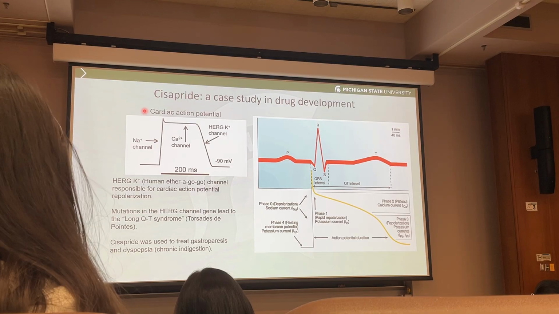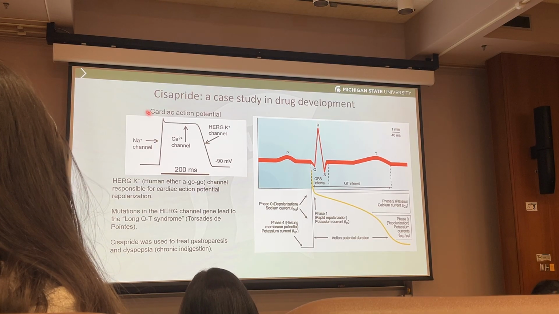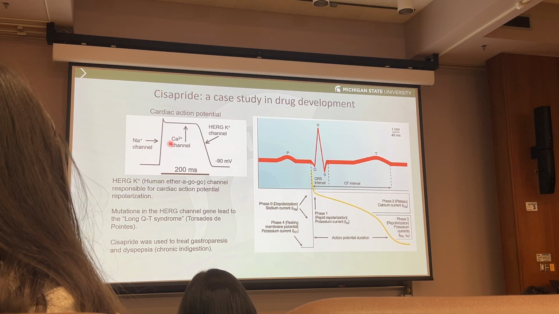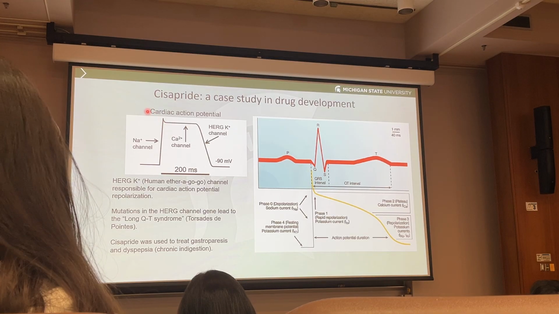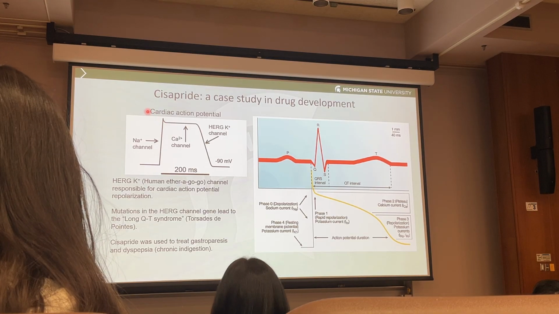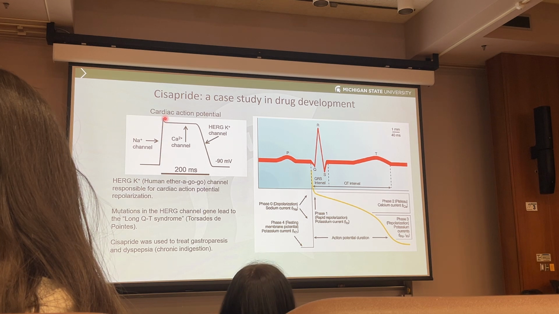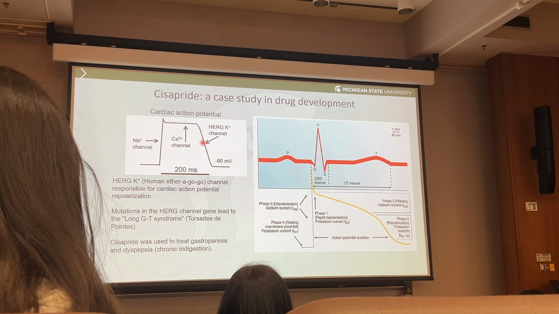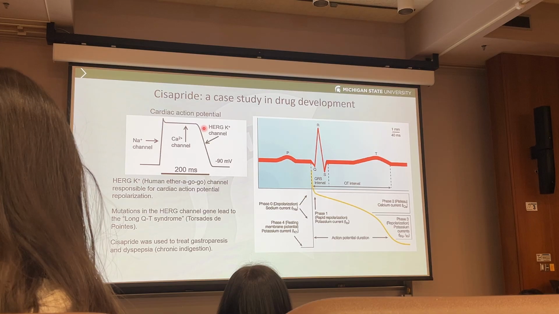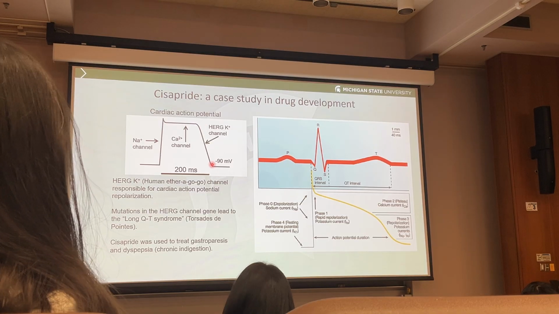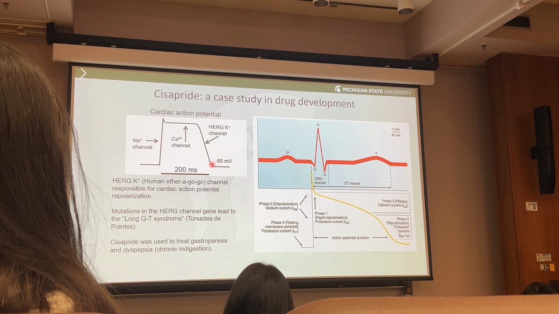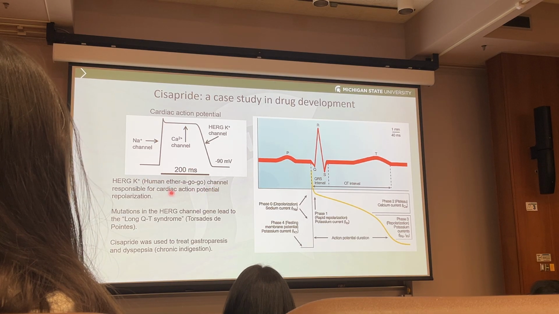Here's a cardiac action potential. We studied action potentials before, but we didn't have this involvement of the calcium channel. This is due to where these nerves are being innervated. But remember, a rising phase, sodium in, then we have calcium in, and potassium out. The potassium channel here is called HERG, which stands for human ether-a-go-go, a really unfortunate name.